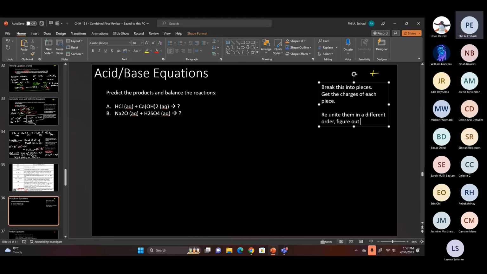Figure out what compound gets made. And then once we figured all that out, oh yeah, we got to balance the reaction, of course. And then figure out if the products are solid or aqueous.